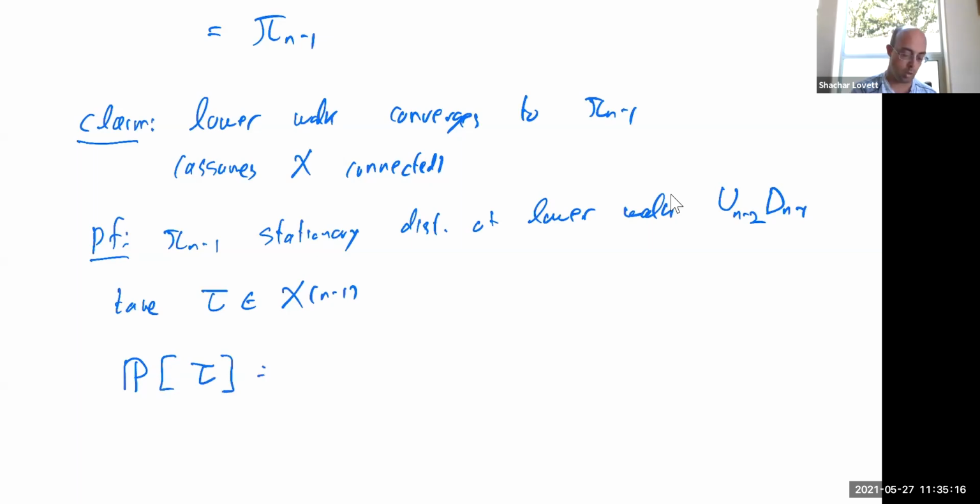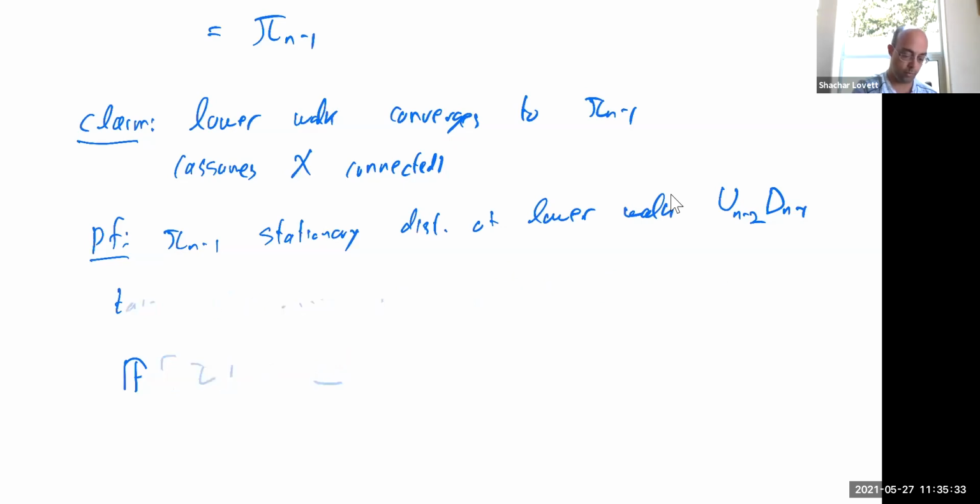Well, what's going to be the case? It's going to be, so take tau and calculate the probability of reaching tau. Okay, so let me write this a bit more carefully.